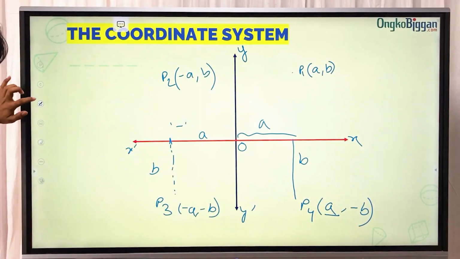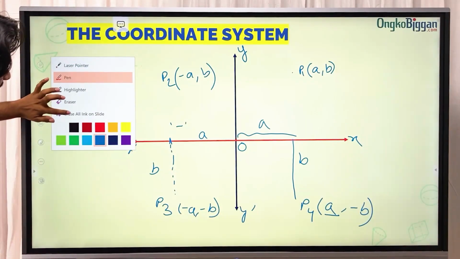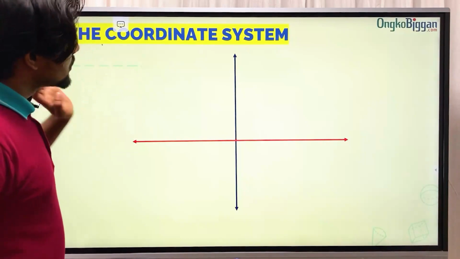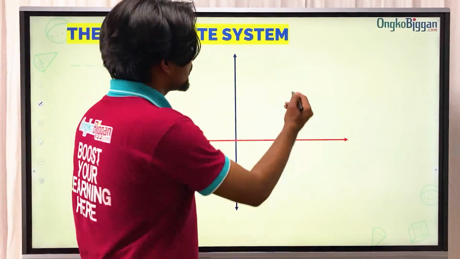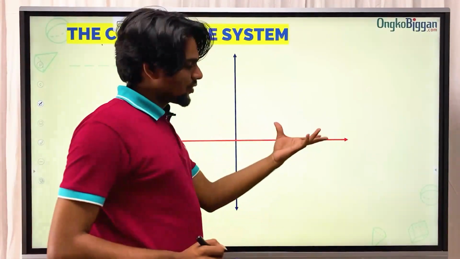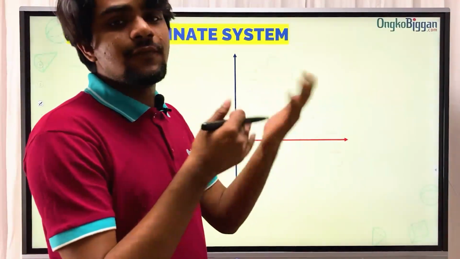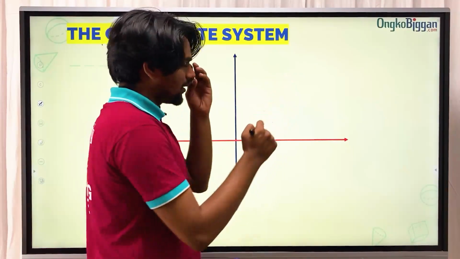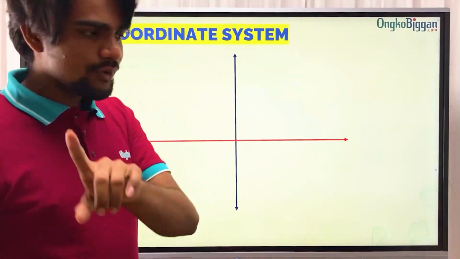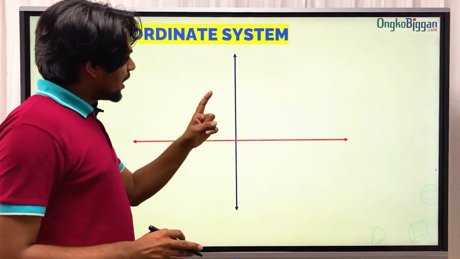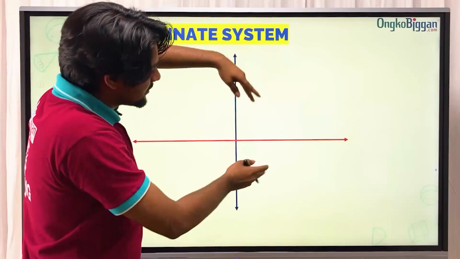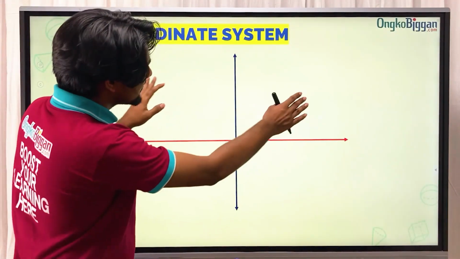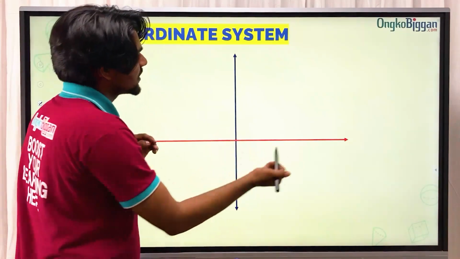So what we have learned here is, let me again erase everything and use a different ink. So for example, you are trying to write the general form of coordinates. I forgot to tell one thing. You see that when these lines or rays intersect each other, there are four distinct sections.